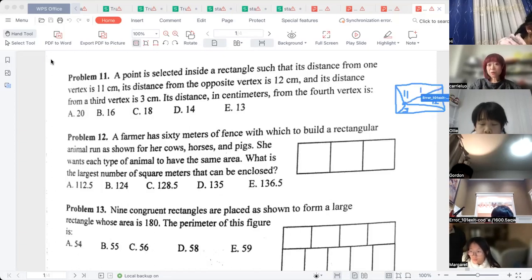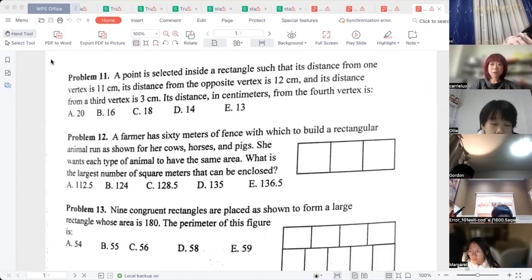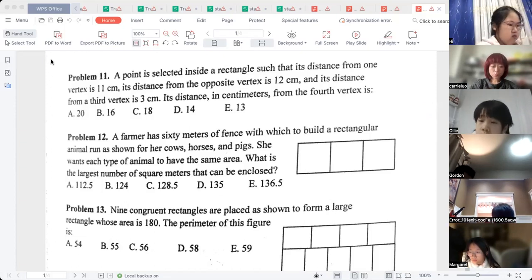Ollie, could you please read number 12 for me? Ollie? Hello? I cannot hear. Can you hear me? Can you read the question?